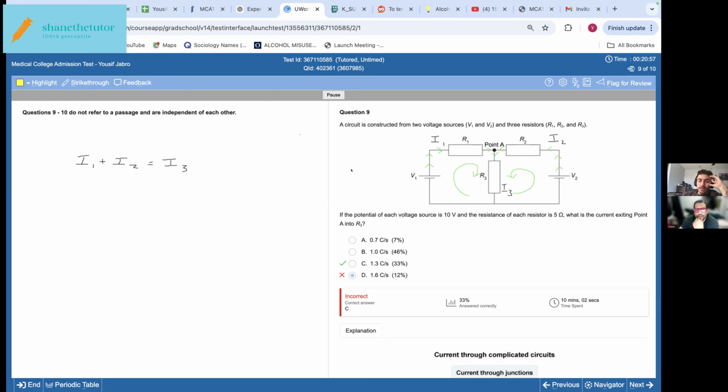Wouldn't you just do V equals IR and then try to solve for the current, I equals V over R, and then combine these voltages and add up these resistors?